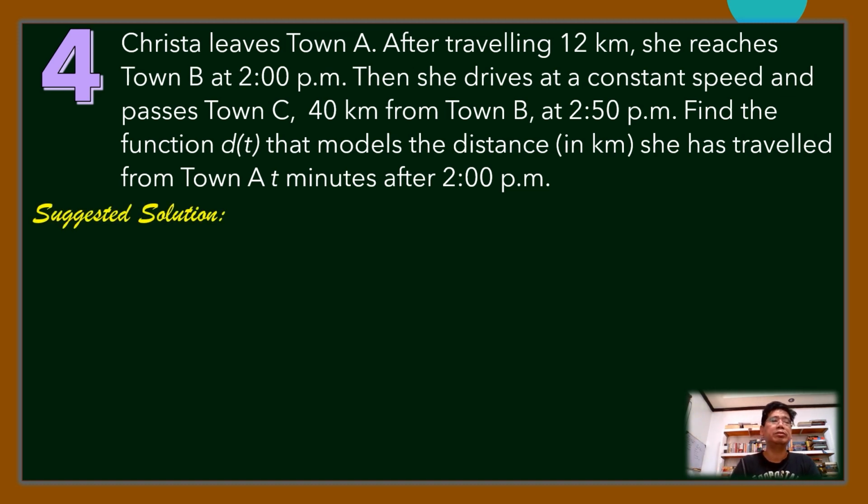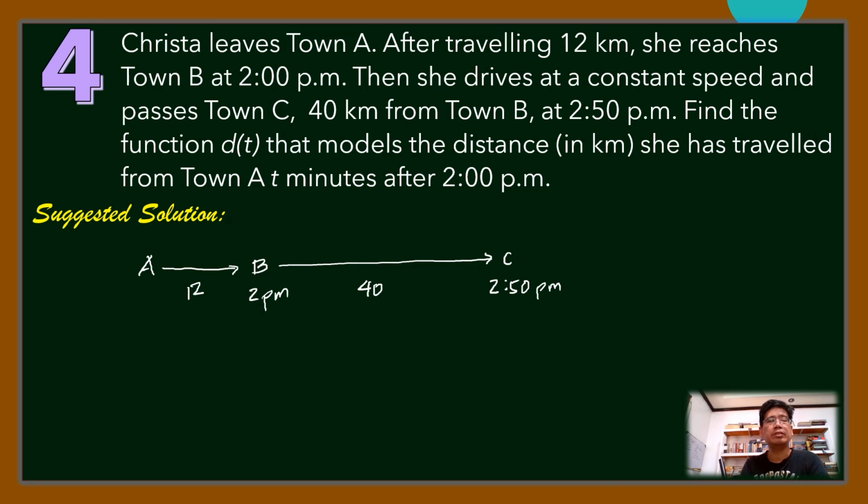Here is our solution. Christa reaches town B, which is 12 kilometers from town A, at 2 p.m. Then from town B to town C, that is 40 kilometers, and she reached town C at 2:50 p.m. So that is 50 minutes.